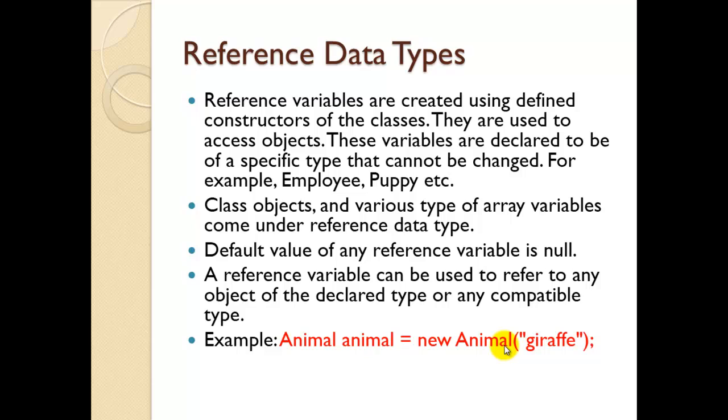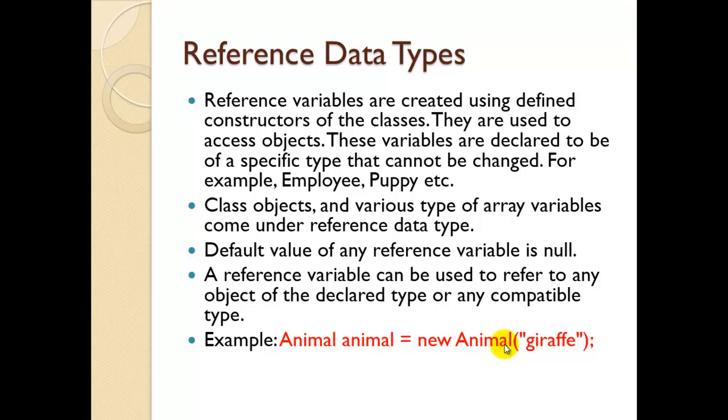Now reference data types, or we can say non-primitive data types. Reference variables are created using defined constructors of the classes. They are used to access objects. These variables are declared to be of a specific type that cannot be changed. For example, Employee, Puppy. Classes, objects and array variables come under the reference data types.